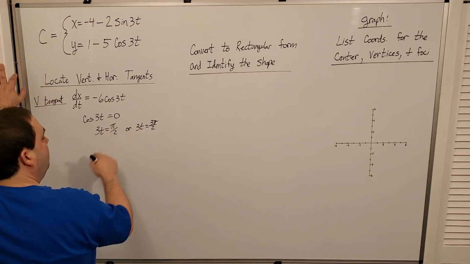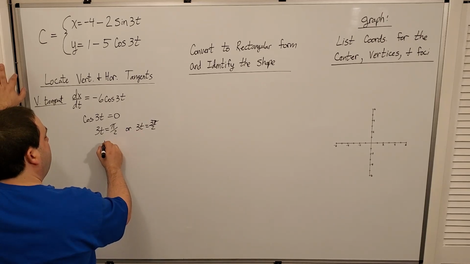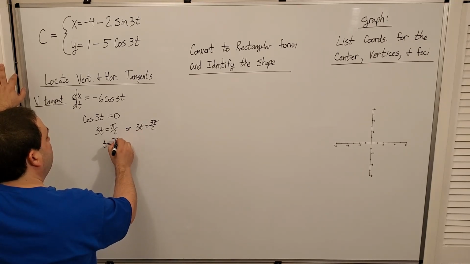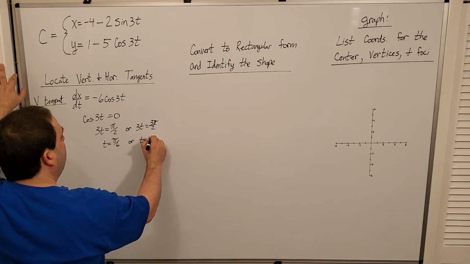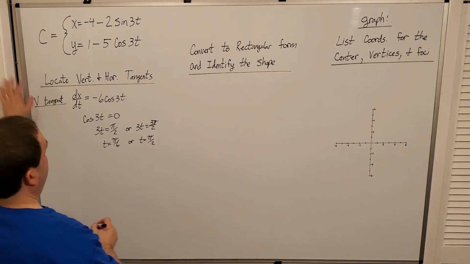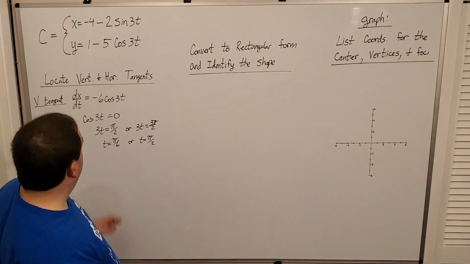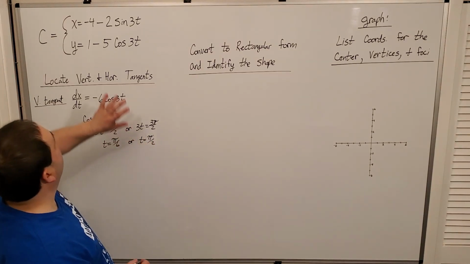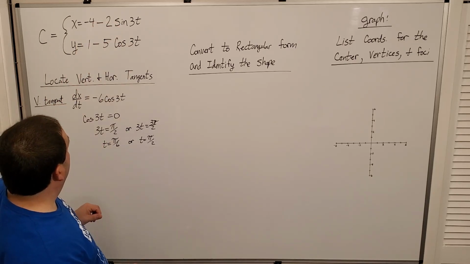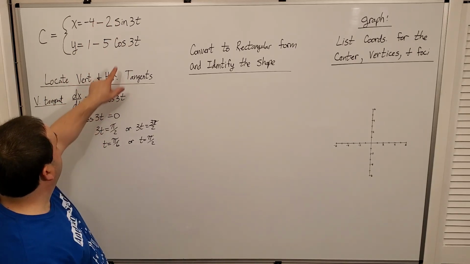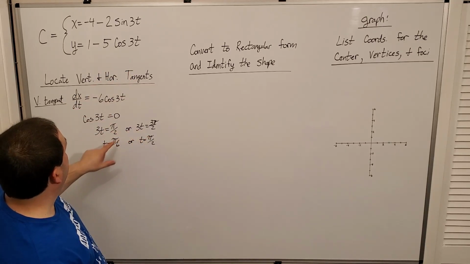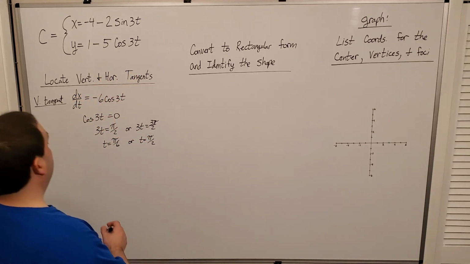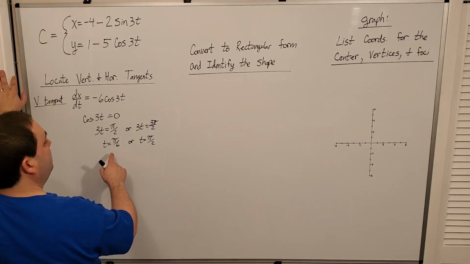So dividing by 3 here, I get that t is either pi over 6 or pi over 2. So then if I plug these values back in, notice that I've already got a cosine 3t in there, and both of these are obviously going to be when that's equal to 0. Okay, so let's get some coordinates for these two.